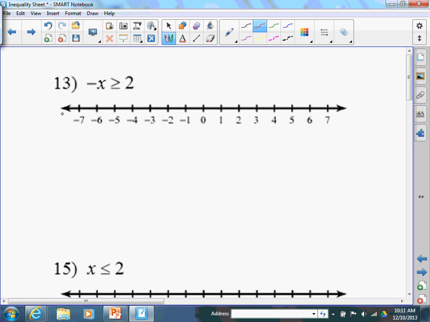13. Is my variable on the left? Yes. Okay. Do I have a negative in front of the variable or below the variable? Yes. In front of. So what do I do with this symbol? You reverse it. Yep. So we're going to write it over here again. So it'll be -x, and we have to flip it. There's a negative in front of that variable.